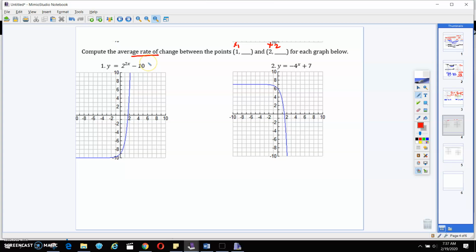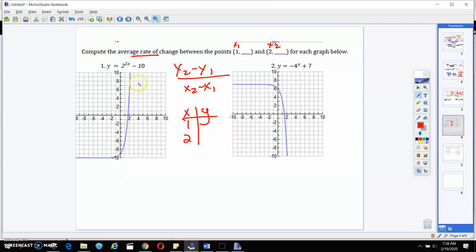All right, so here's the deal. We know that we have to use the formula y2 minus y1 over x2 minus x1. But we need to figure out what y1 and y2 are. So in order to figure out what y2 and y1 are, I'm going to plug in this x1 and x2.